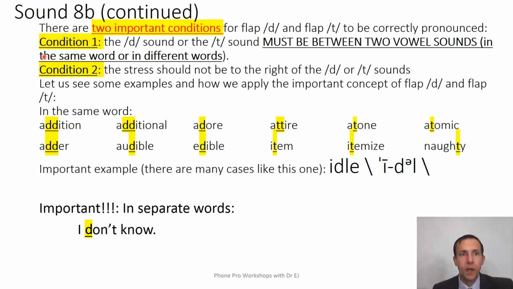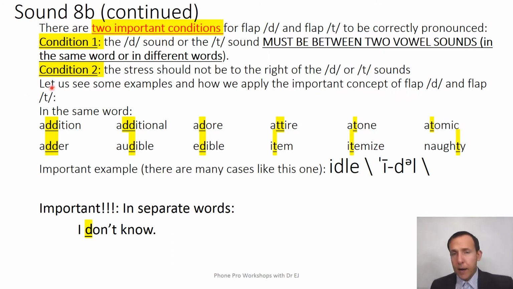Condition number 1 states that the D sound or the T sound must be between two vowel sounds in the same word or in different words. Condition number 2. The stress should not be to the right of the D or T sounds. Let us see some examples.